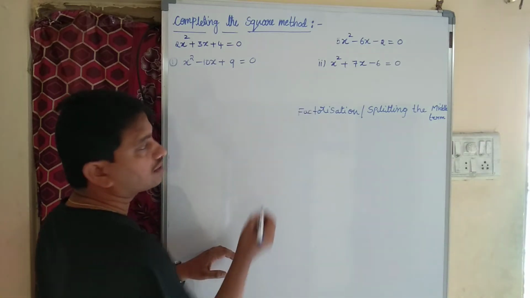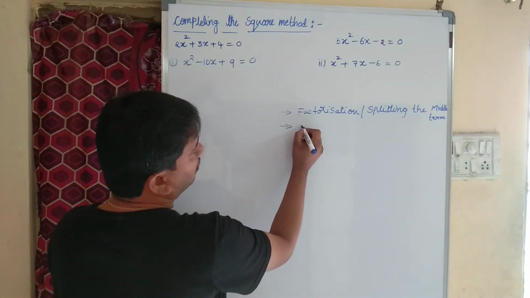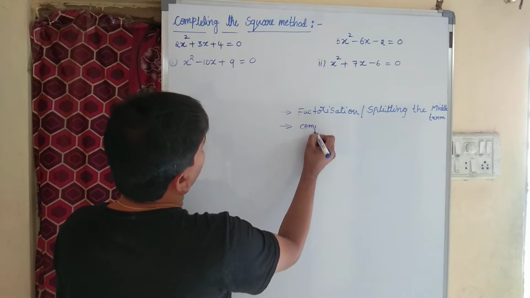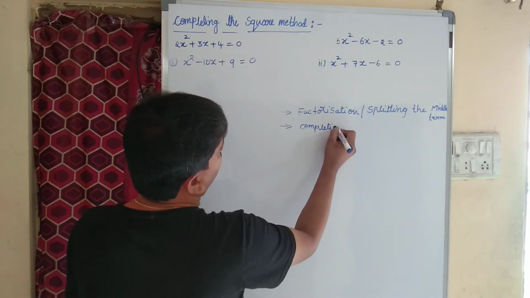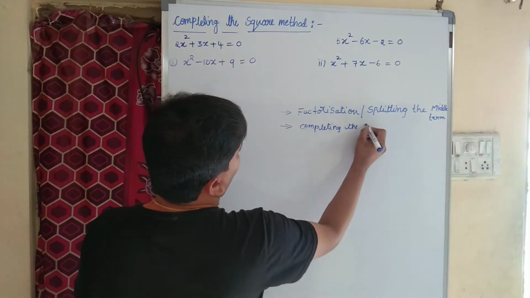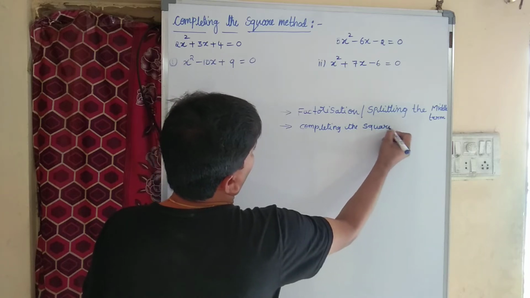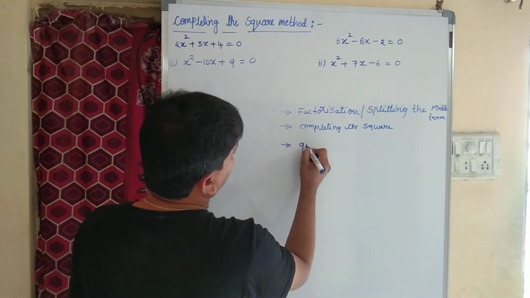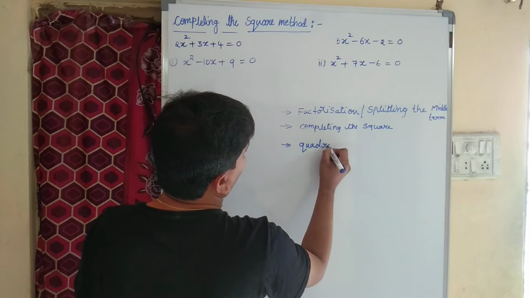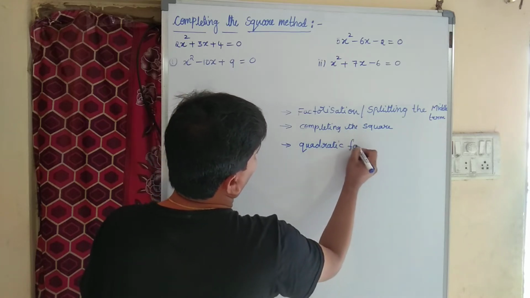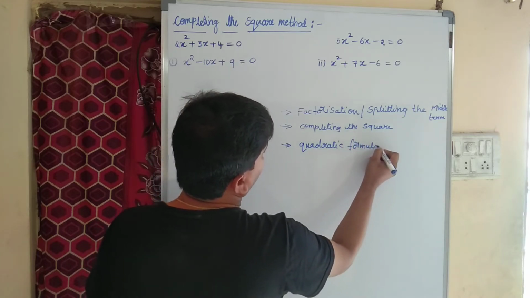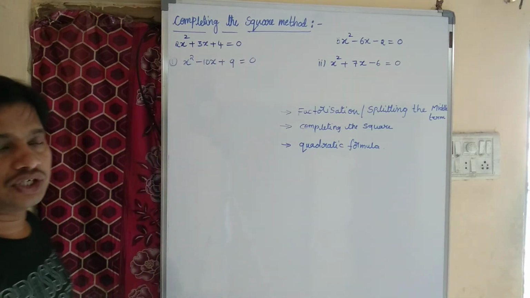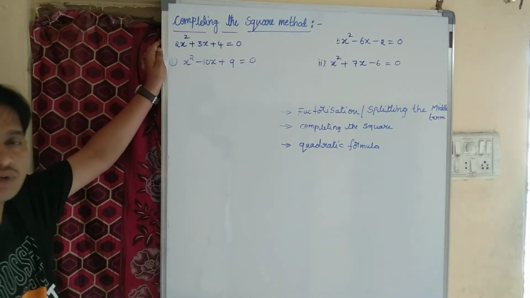The second one is the method of completing the square. And the third one is by using the quadratic formula. We have three methods to find the zeros or roots of the quadratic equation.